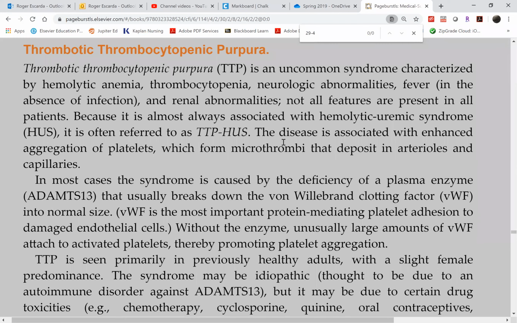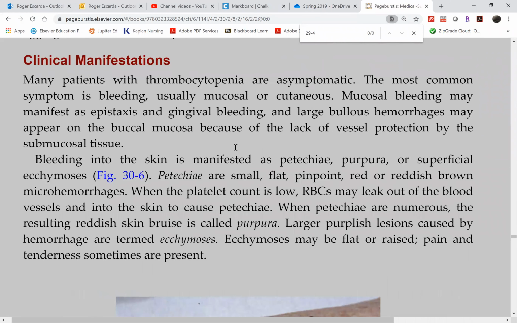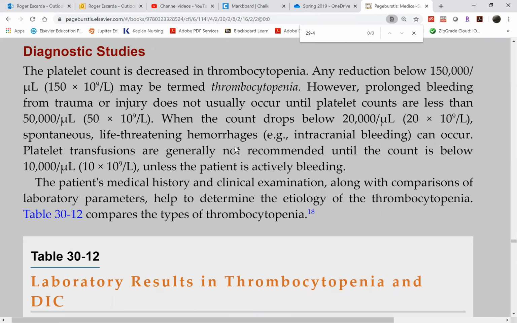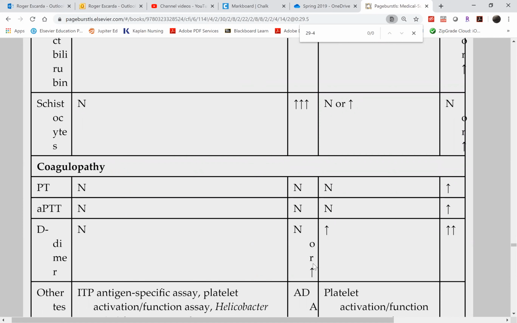However, when you do get injured and you need your body to clot, then it doesn't clot. That's the problem with TTP. There's inappropriate clotting, but when you need them to clot, they don't, because they've already used up all the platelets. So that's why you'll see in the labs, look at the D-dimer in TTP. It can be elevated because you are forming clots here, or it can also be normal.